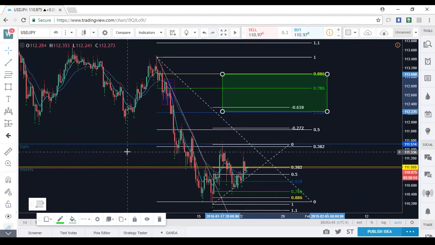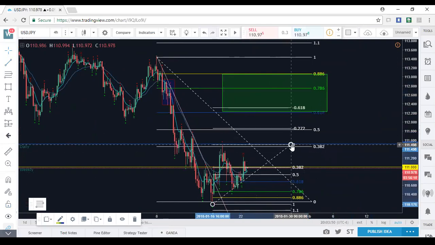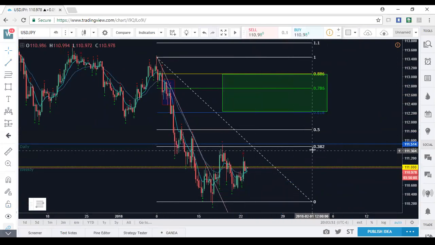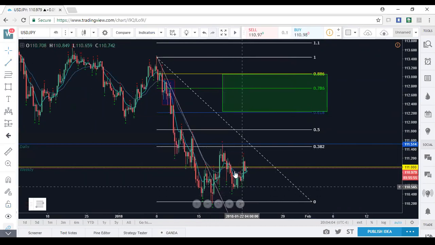But looking at where the market is, it's failing at 382. Not only that, it's failing below this weekly level. So this 382 was our entry for the short. Okay.